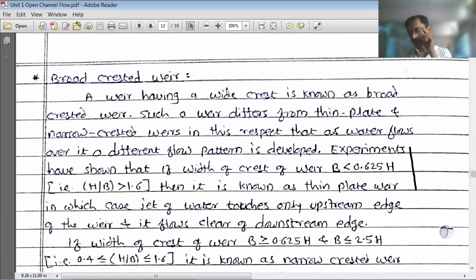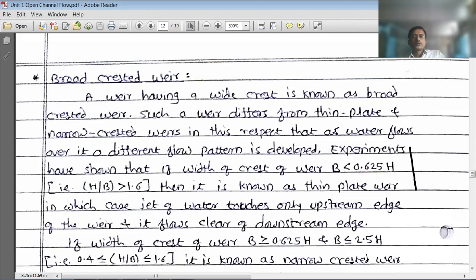In the classification we have noted down, there are various types of weirs based upon the size of the weir, the size of the crest, and the shape, I think. They are the sharp crested weir, then narrow crested weir, and broad crested weir.